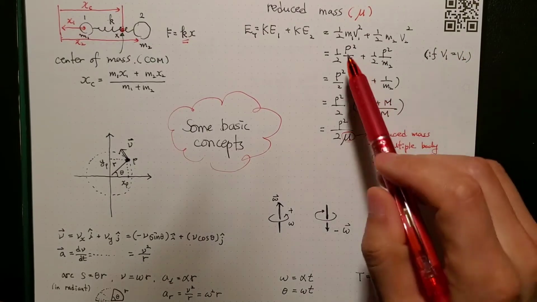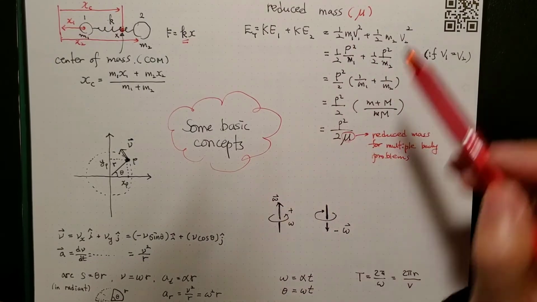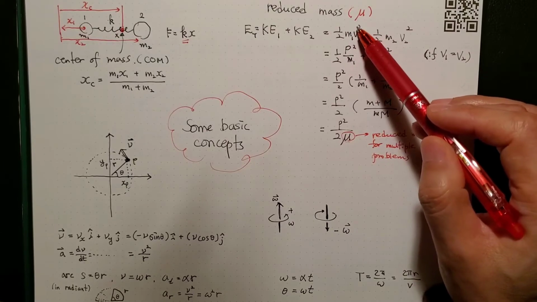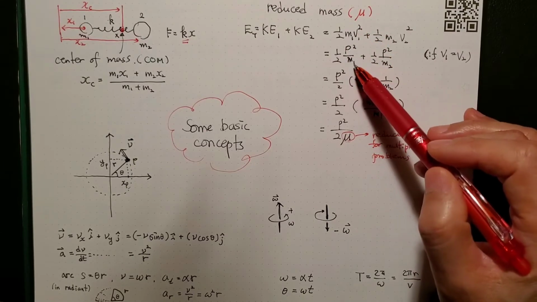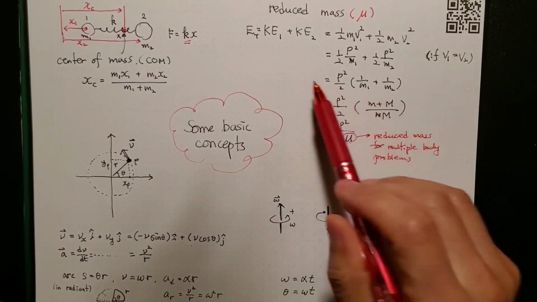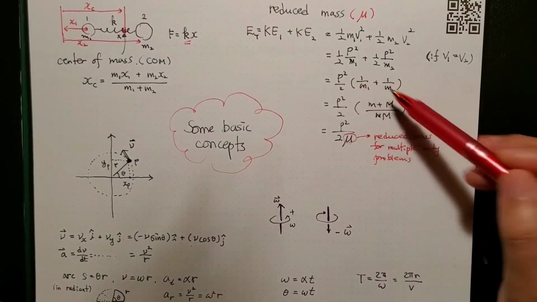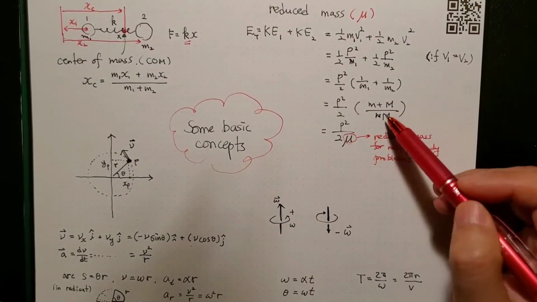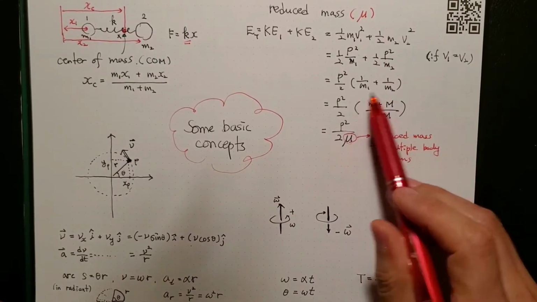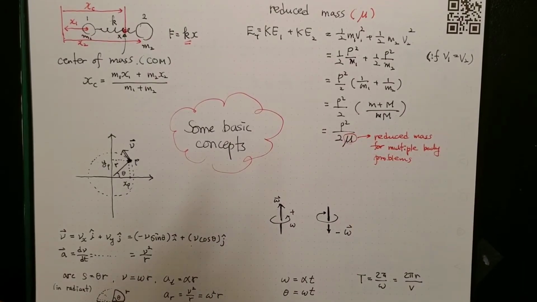When they are equal, you can put this in this form by making m sub 1 squared. Then you can take it out this way, having p squared divided by m, and then you convert it that way, and this term here is 1 over mu, and that is the reduced mass.